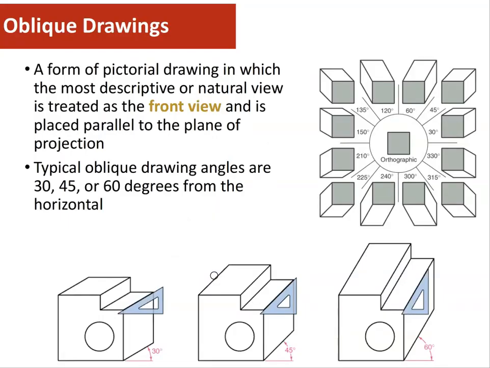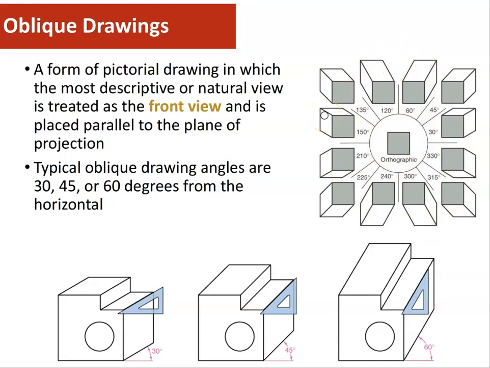Okay, moving on to oblique drawings. We know that orthographic drawing shows us the glass box view, and then we fold it out or we cut it out, and we get all those parallel projection planes, right? That is orthographic. For oblique drawing, we draw it at an angle.